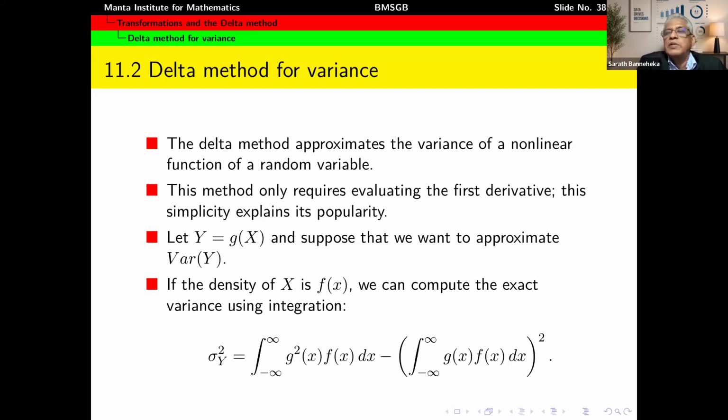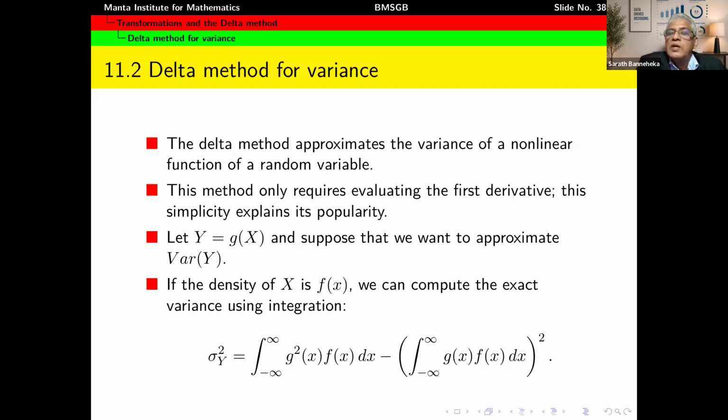For example, if I'm interested in some g(X), where X is a random variable, I want to find out the variance of this g(X). This g(X) can be quite a complicated function of X. If that is the case, deriving the expression for the variance is quite difficult. Getting the exact variance is almost impossible in most cases.